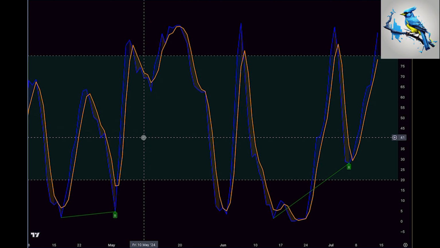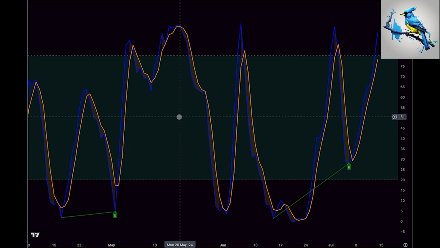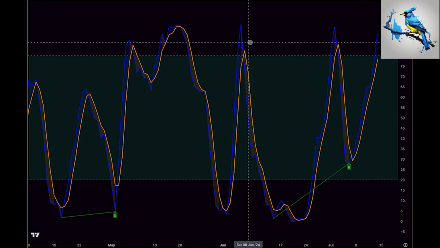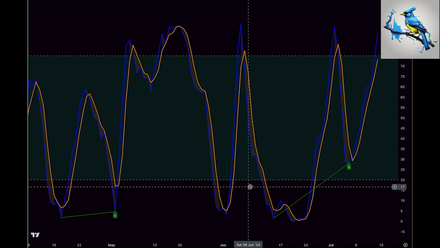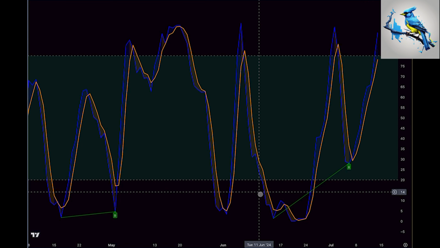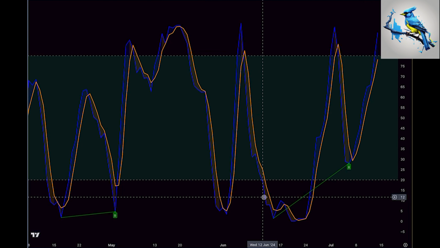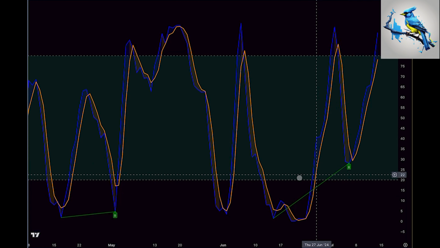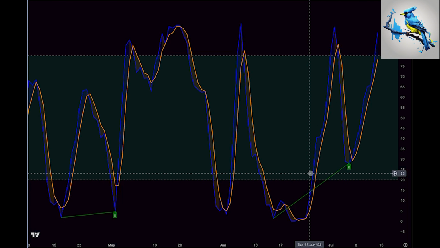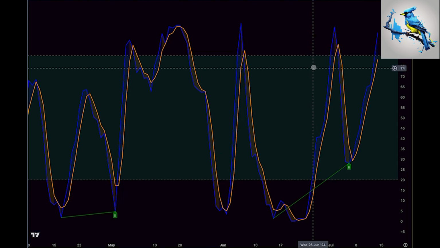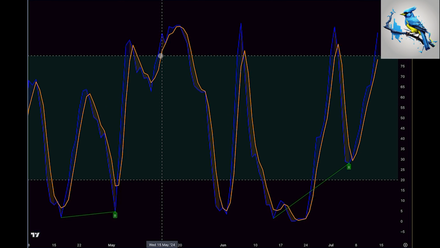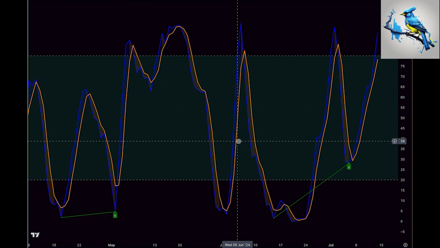The second thing we're looking for is for both of these lines to get up over the 80 line into the overbought territory, or for them to both go below the 20 line into the oversold level. We're then looking for them to cross, either create a divergence or close back above the 20 line or back below the 80 line. And then that will give us confidence knowing that the momentum has shifted in that direction.